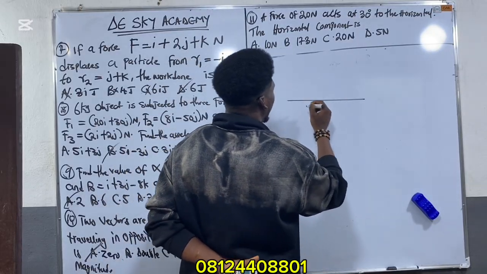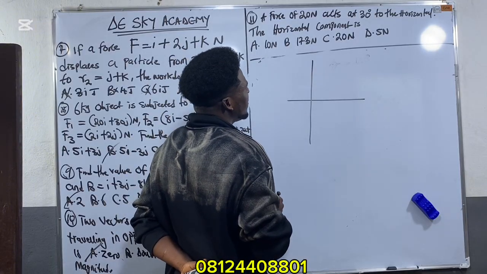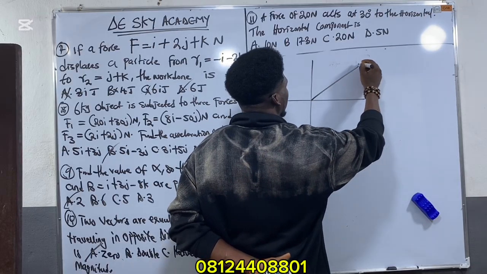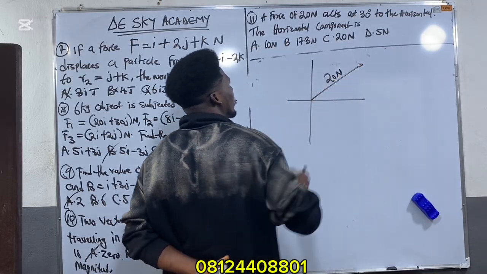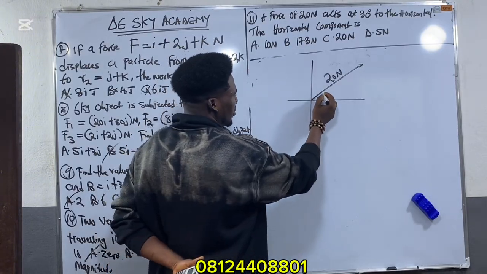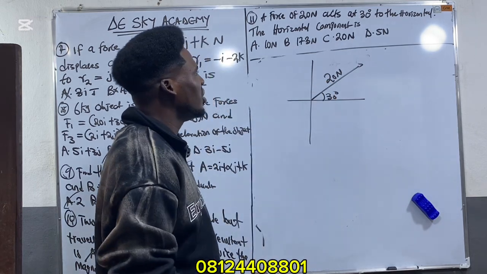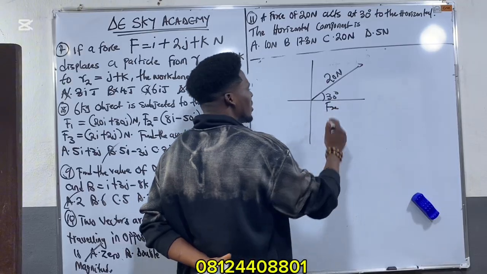This is the horizontal, this is the vertical, and this is the force. The magnitude of the force is 20 Newton. It acts at 30 degrees to the horizontal. They ask for the horizontal component, that means we are looking for Fx.